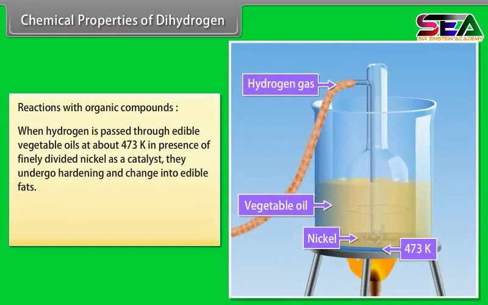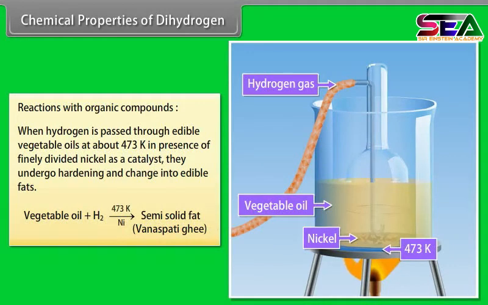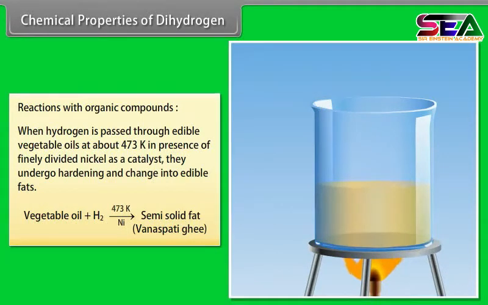When hydrogen is passed through edible vegetable oils at about 473 Kelvin in the presence of finely divided nickel as a catalyst, they undergo hardening and change into edible fat.